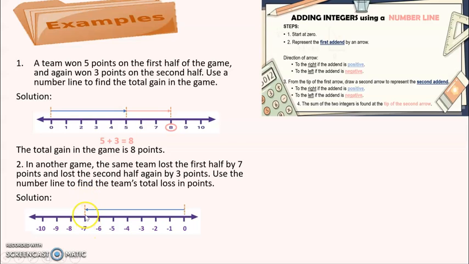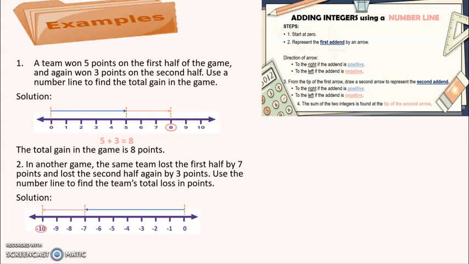From negative 7, we count 3 points to the left. 1, 2, 3. So our arrow stops at negative 10.